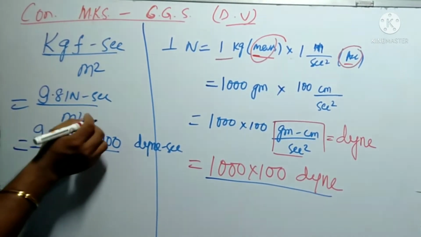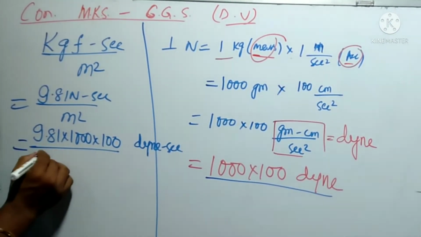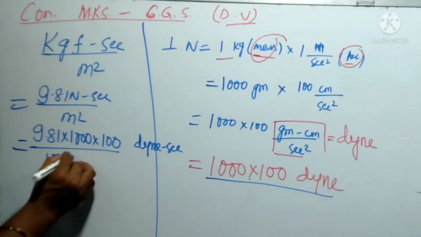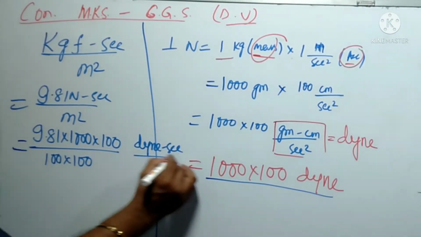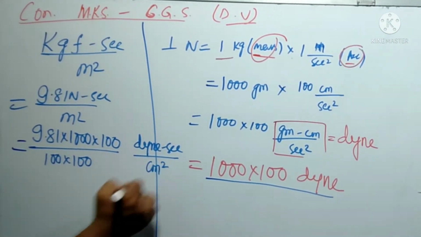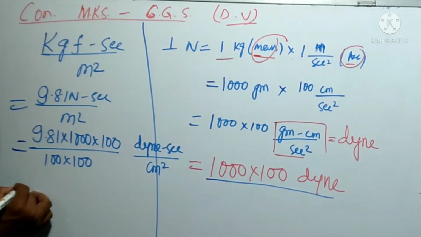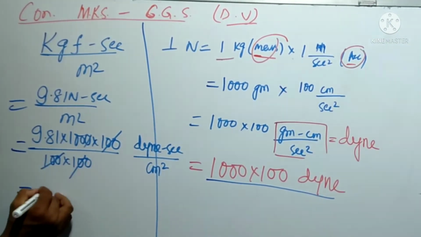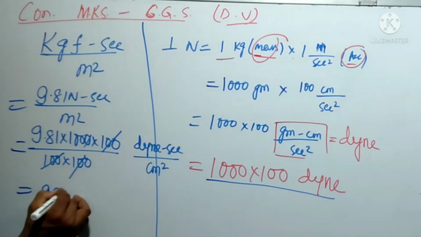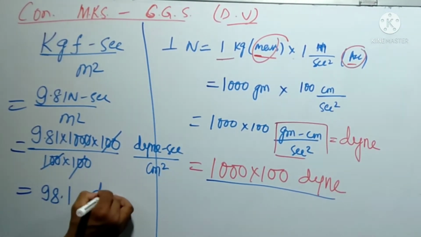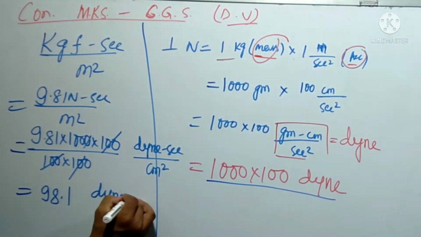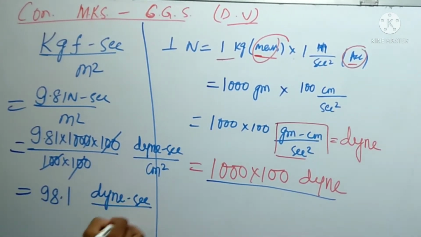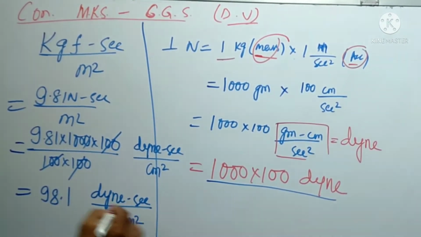By converting meter square into centimeter square, we can write 100 into 100 centimeter square. Then what will happen? 100 cancels out, and that means 98.1 dyne second per centimeter square.